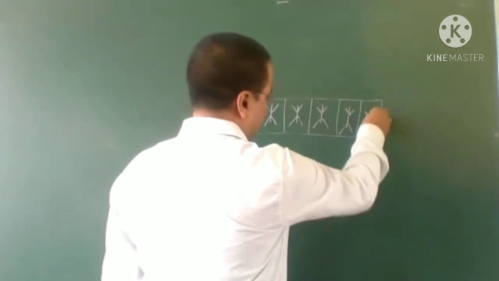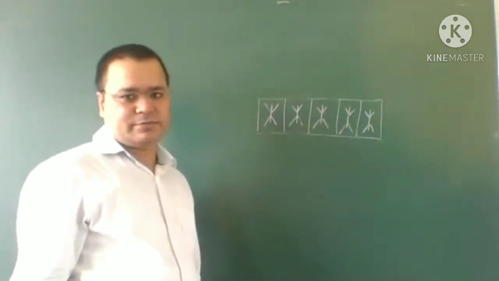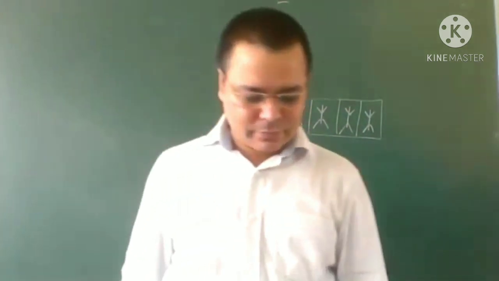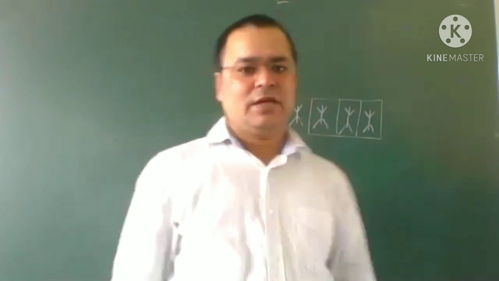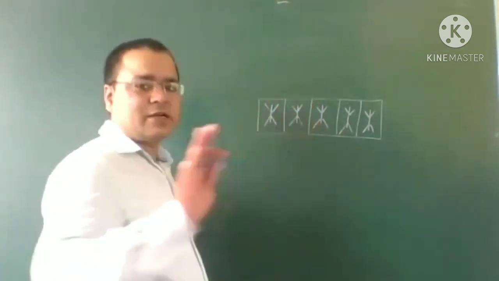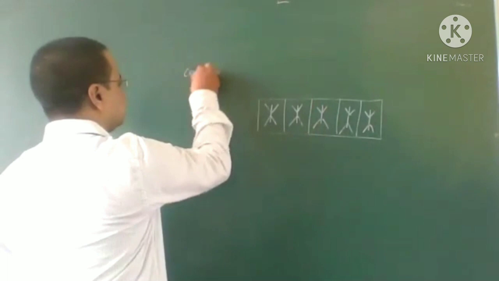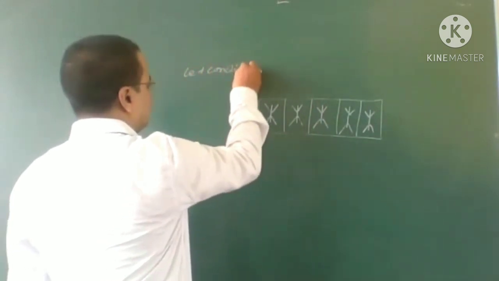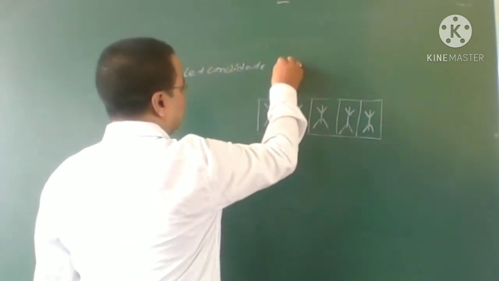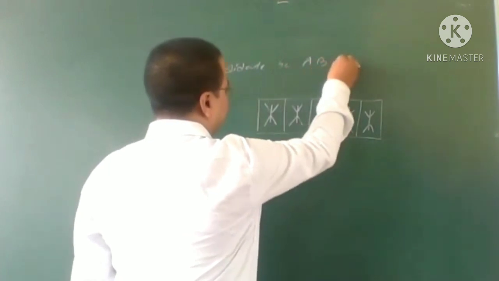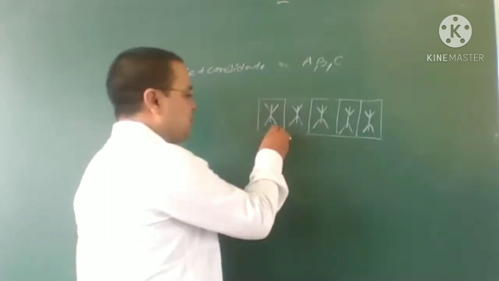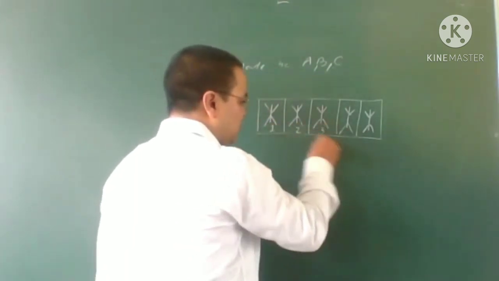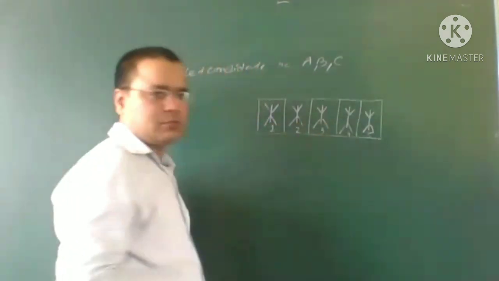And there are 3 candidates. Let the candidates be A, B, and C. The first voter, second voter, third voter, fourth voter, fifth voter.